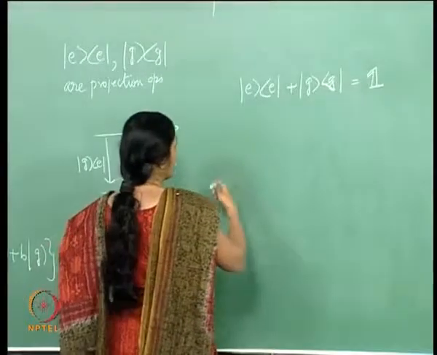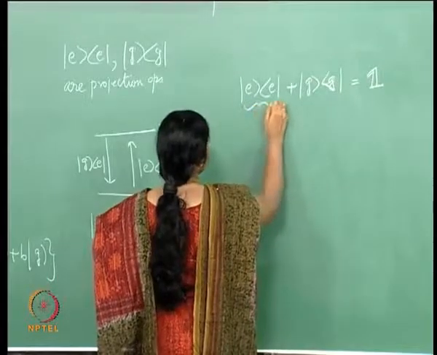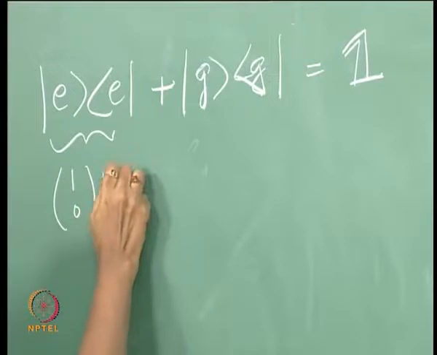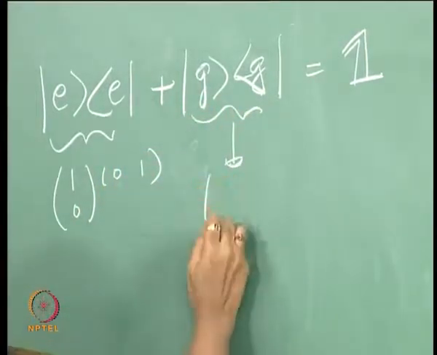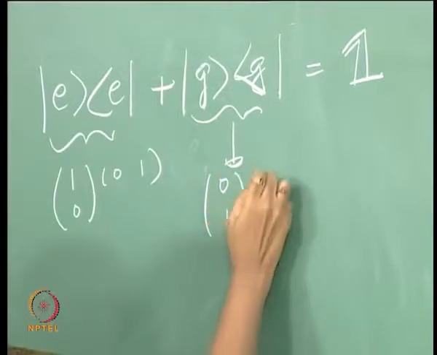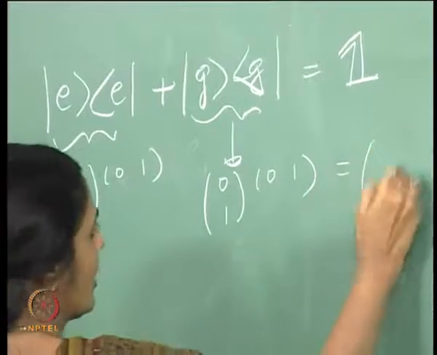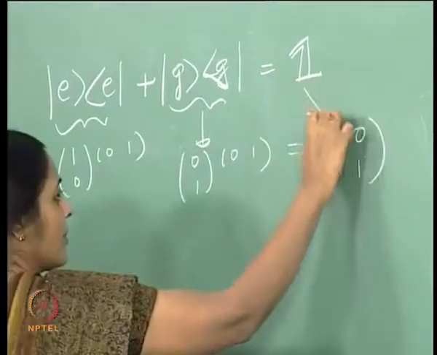To go back to our matrix notation, just to keep correspondence with it, this object is simply going to be represented by this. You can easily check that this is the identity operator.